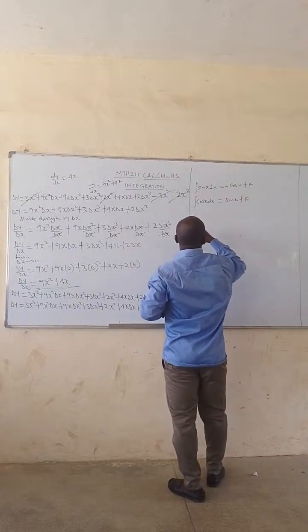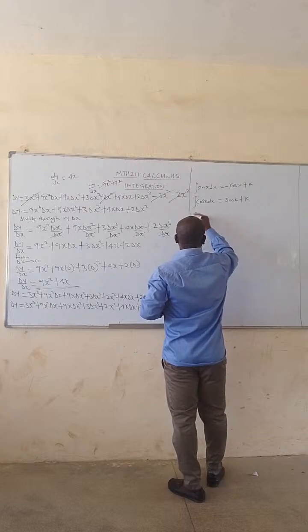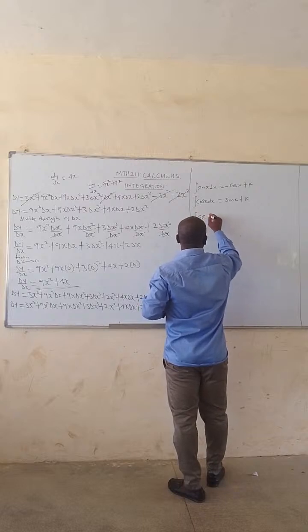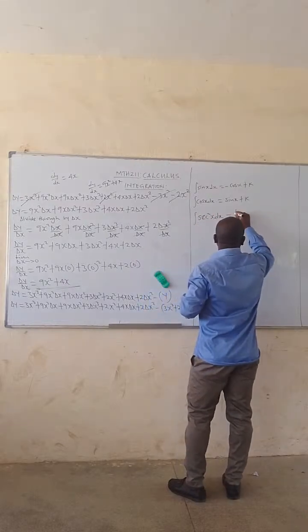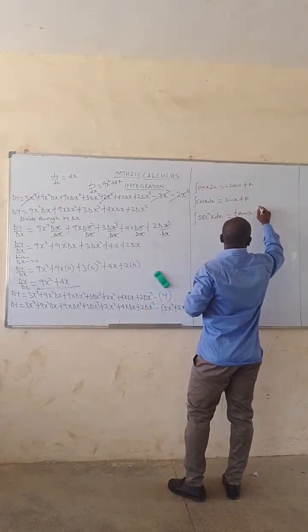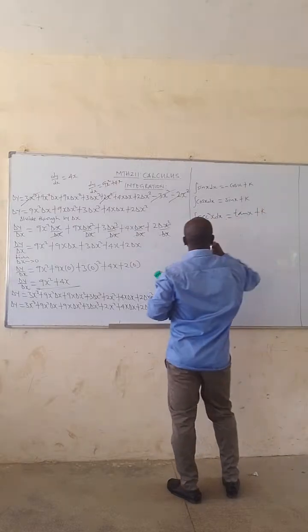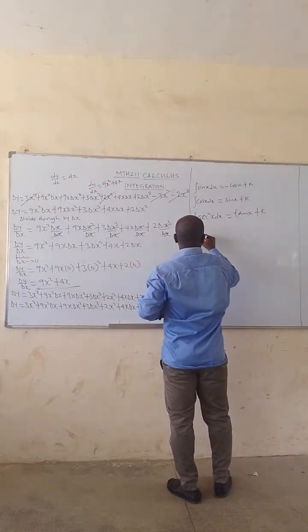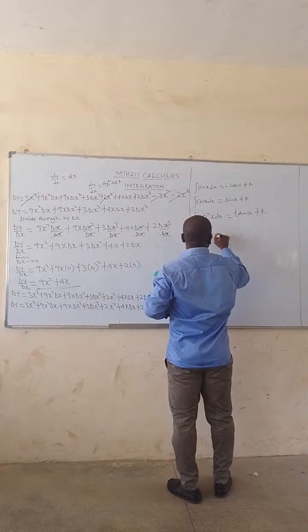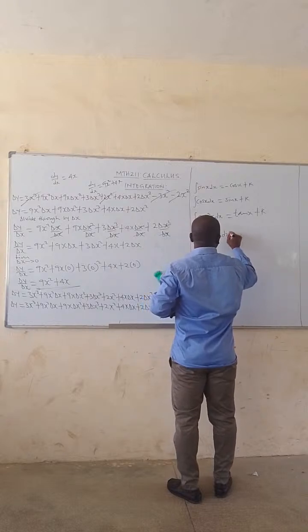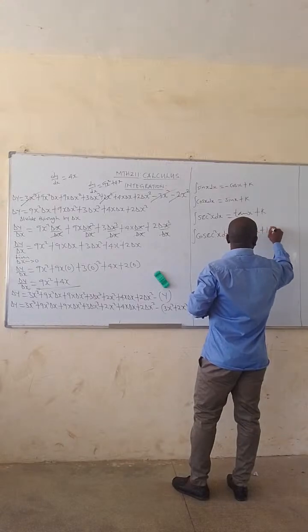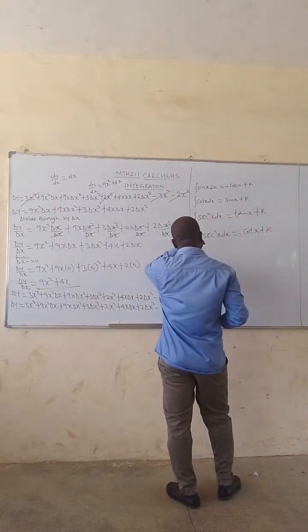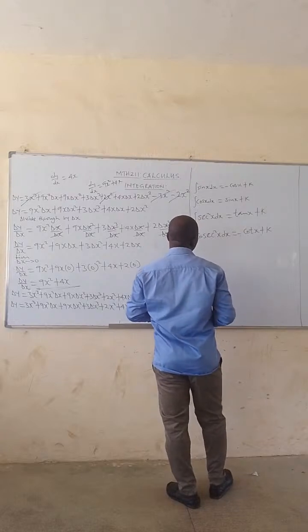If we have sec squared x dx, we are going to have tan x plus a constant. Then if we have cosec squared x dx, we are going to have minus cot x plus a constant. Take note.